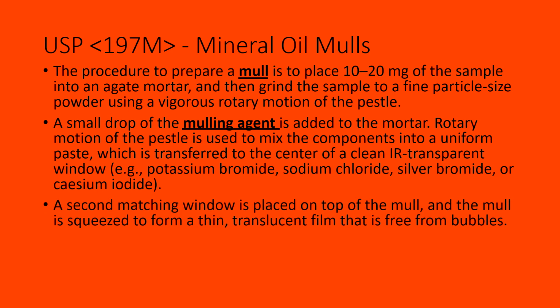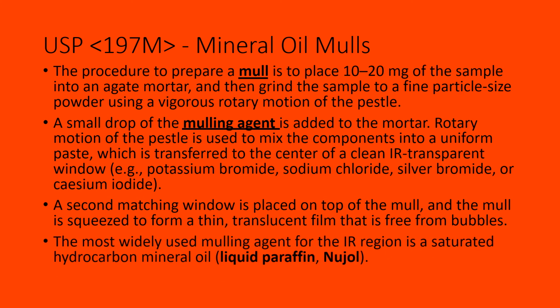A second matching window is placed on top of the mull and the mull is squeezed to form a thin translucent film that is free from bubbles. The picture in the next slide will tell more than the verbal description.